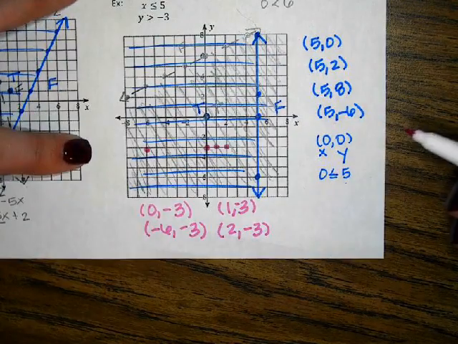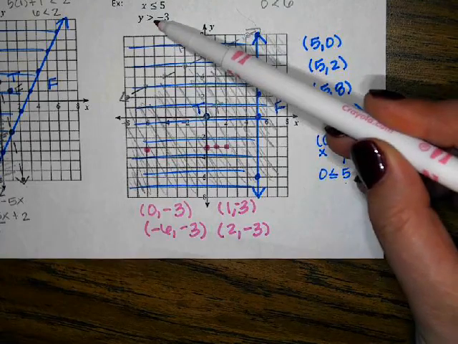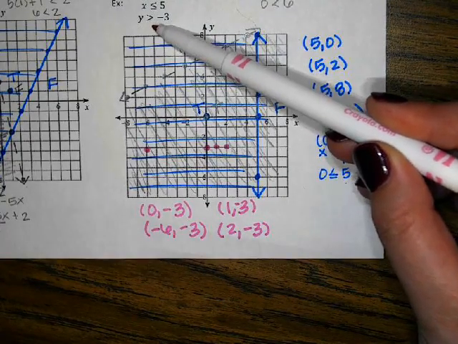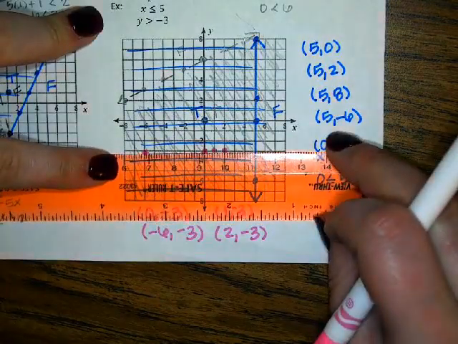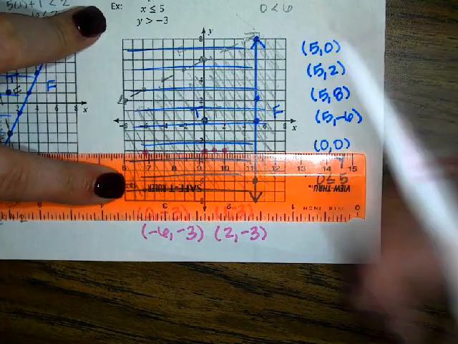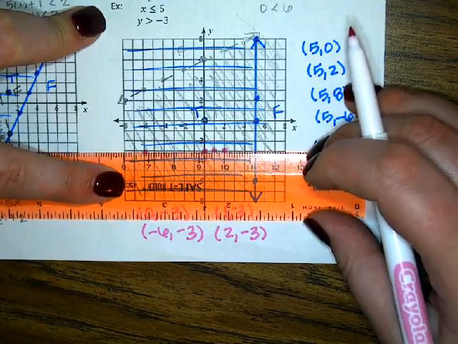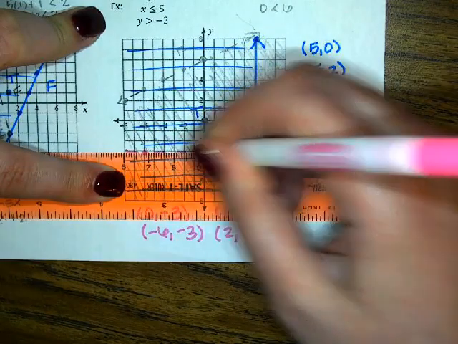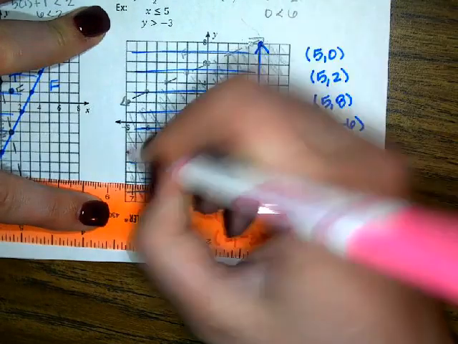A dotted line. Okay. There's our dotted line.